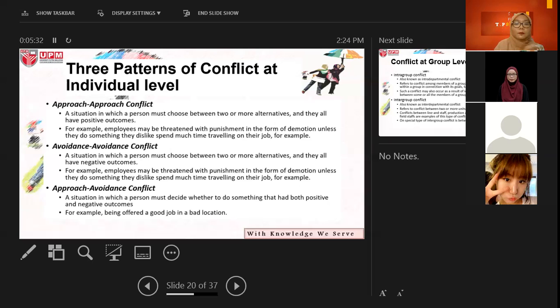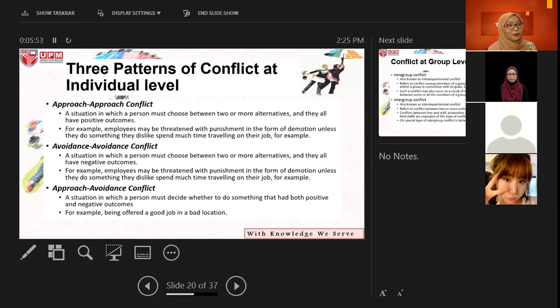This is more or less similar to the approach conflict earlier. Being offered a good job in a bad location, where bad location means the working environment. The option is good: a good job with higher salary, but the working environment is not healthy for you.